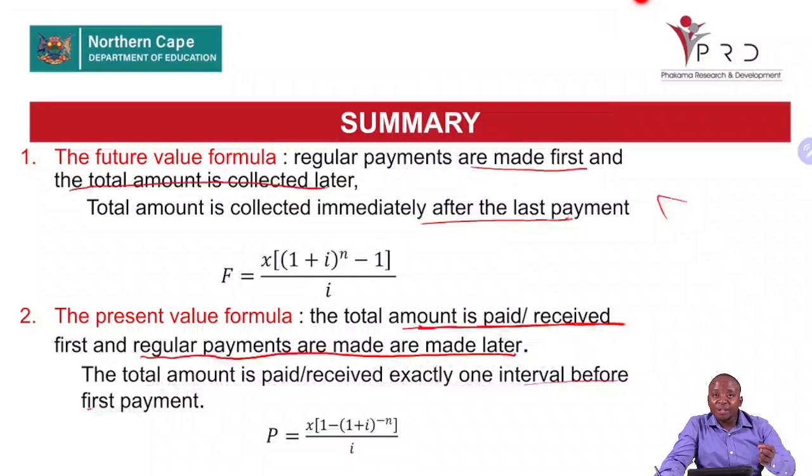For present value, we receive the money first, we repay the money that was given to us, and we start to repay an interval after we receive the money.